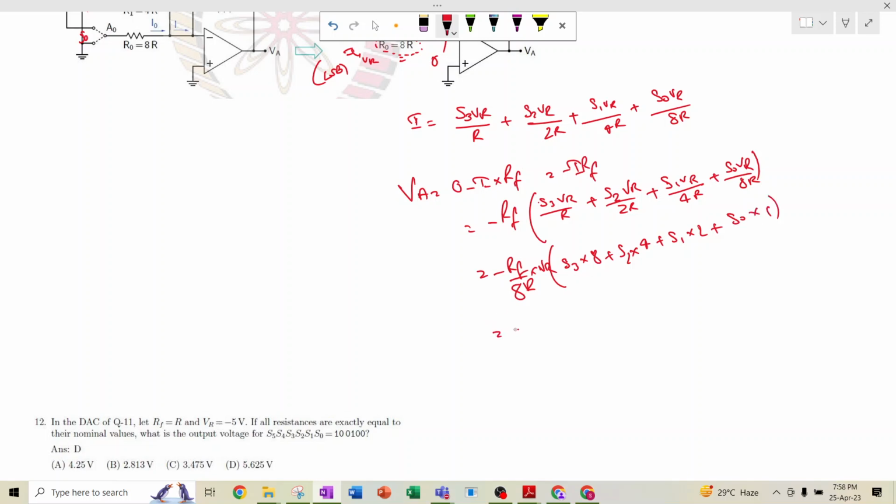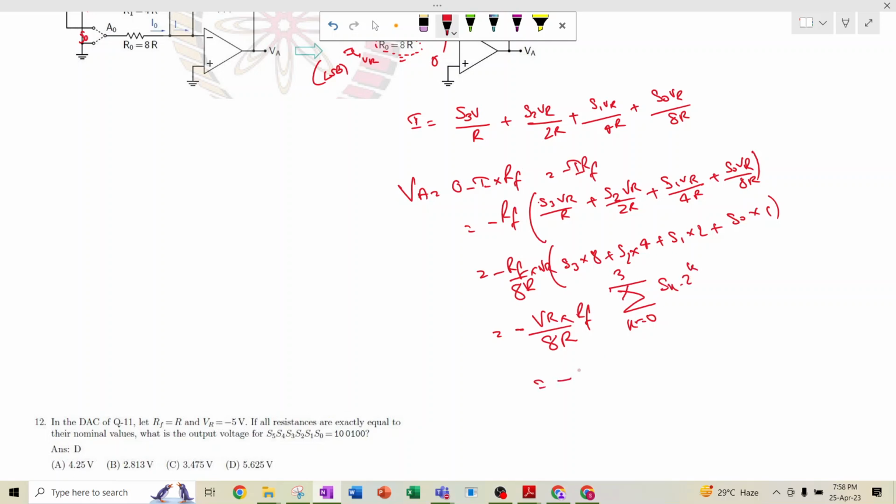So we can write minus VR divided by 8 into RF divided by R into summation of k equal to 0 to 3 of Sk into 2 to the power k.